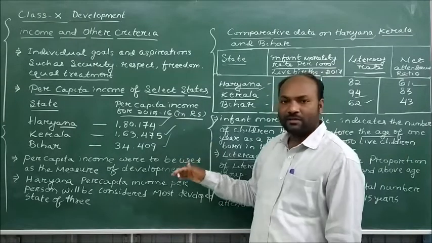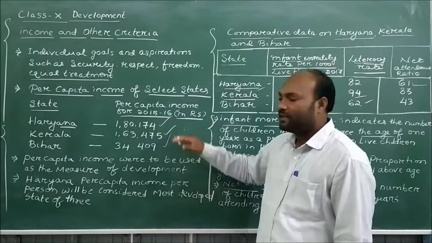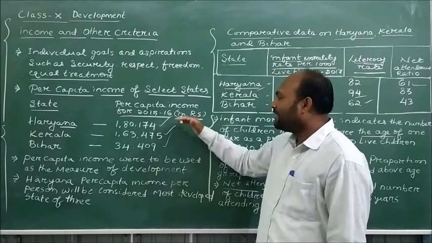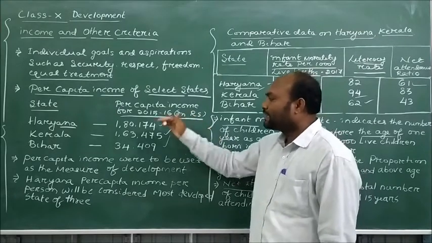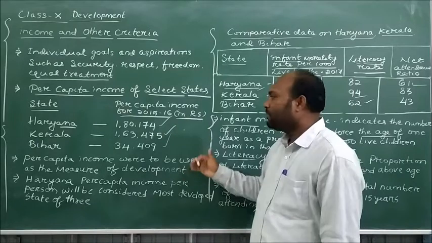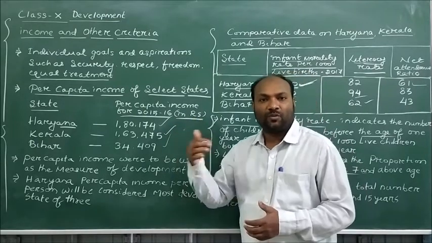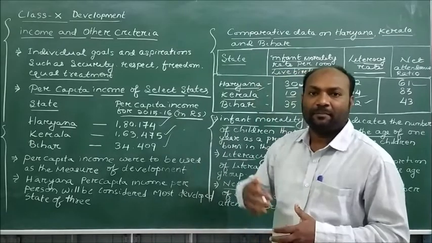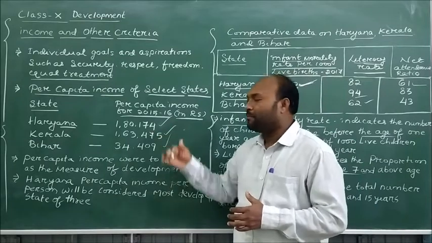So dear students, when we compare all three states, we understand that Haryana's per capita income is much better than Kerala and Bihar. Why? Because in Haryana there is more opportunity and more resources. That is why the per capita income per person is comparatively better here.